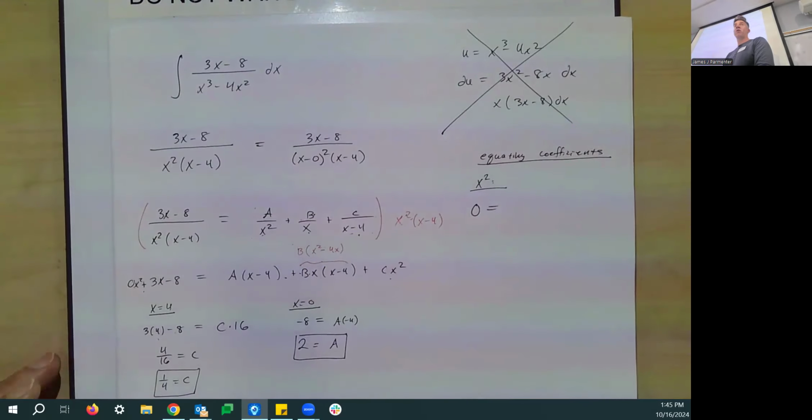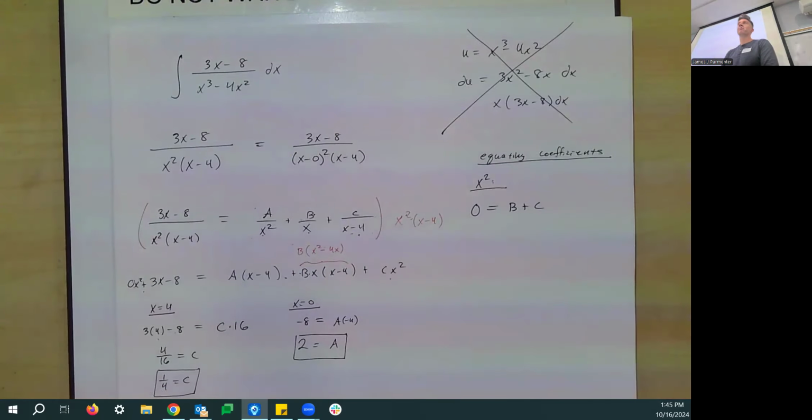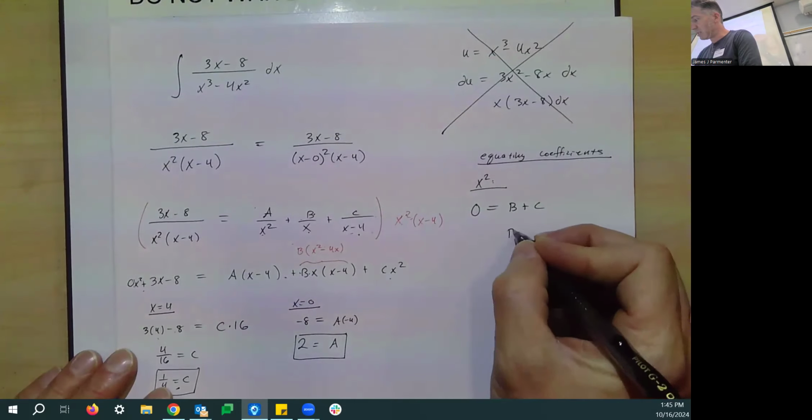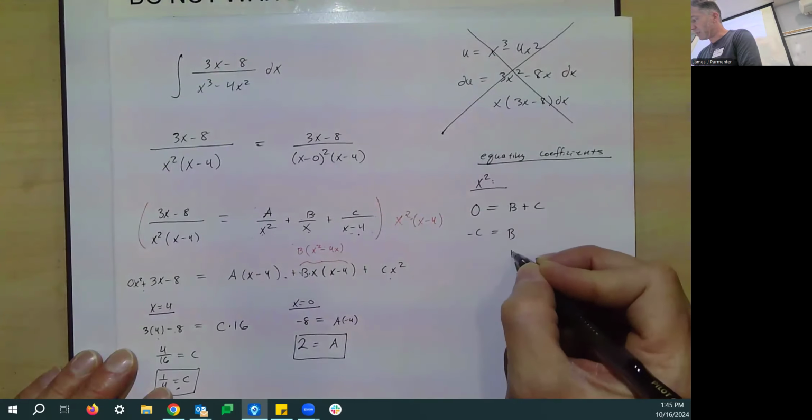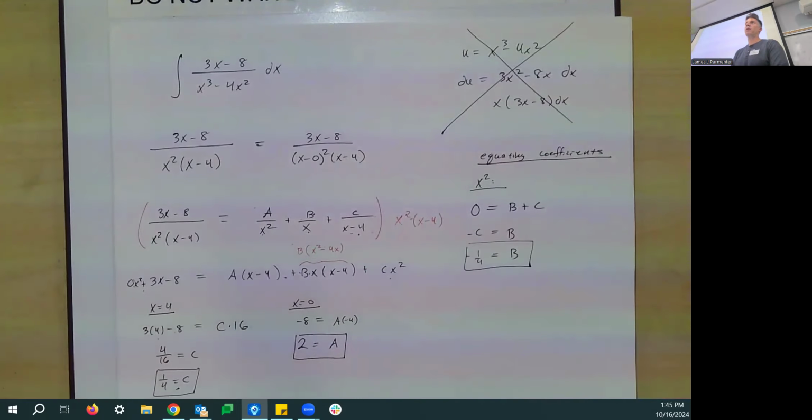So I definitely have a coefficient of x squared that's a positive b, also a positive c. Oh, look, I know what c is, so that means I can figure out what b is. So b is equal to negative c, but c was equal to 1/4. That's what I mean by equating coefficients.